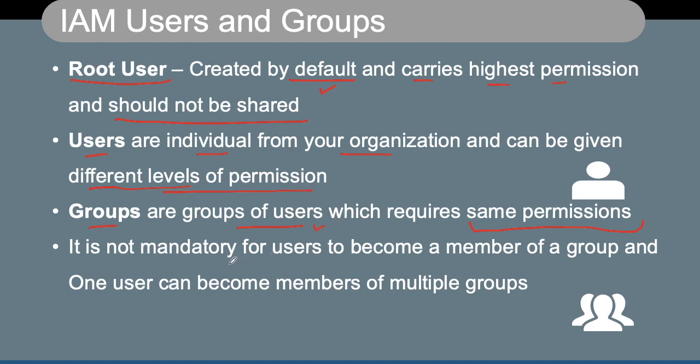However, it is not mandatory for users to become part of a group, and one user can become a member of multiple groups. So both things are true. I can have an individual policy for a particular user, and at the same time, one user can become a member of multiple groups as well.